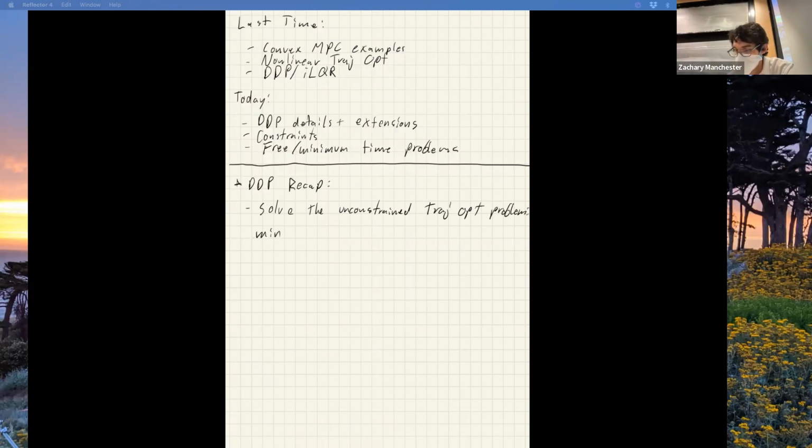We're doing a min over our state trajectory and our control trajectory of the standard additive cost. So we've got a stage cost and a terminal cost, subject to just the dynamics.